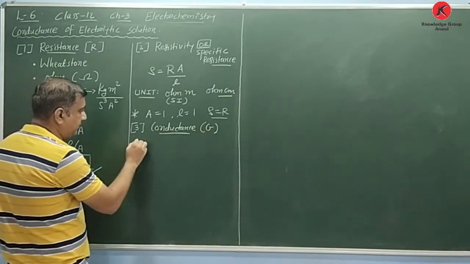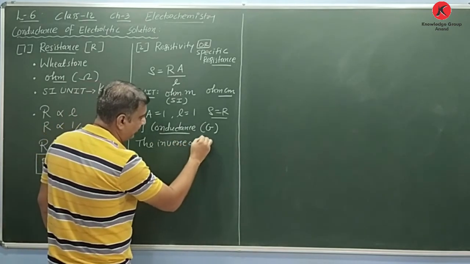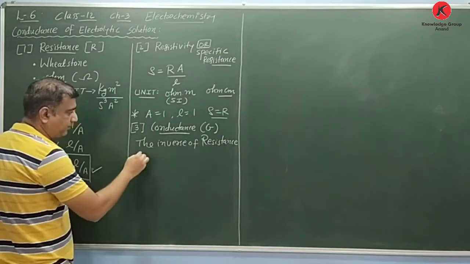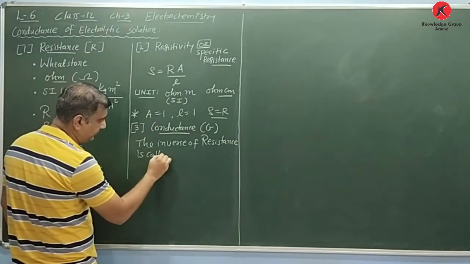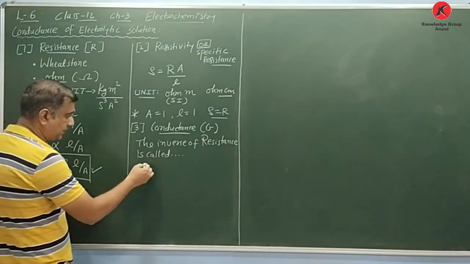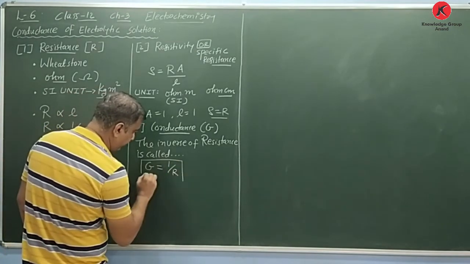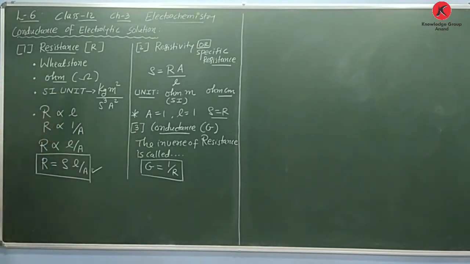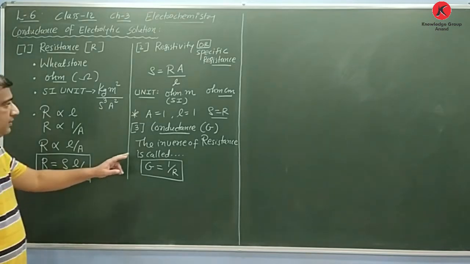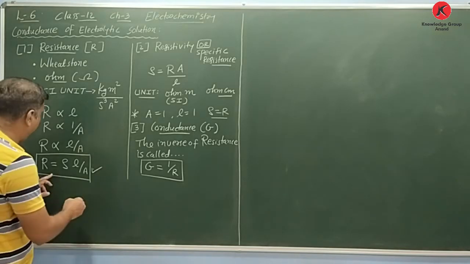The inverse of resistance is called conductance. That means G equals 1 upon R. Remember, once the resistance is known, its inverse is known as conductance.